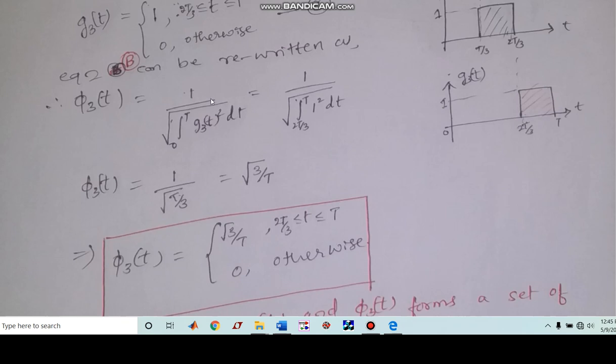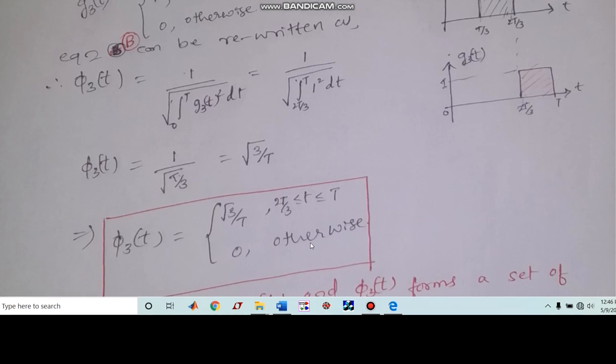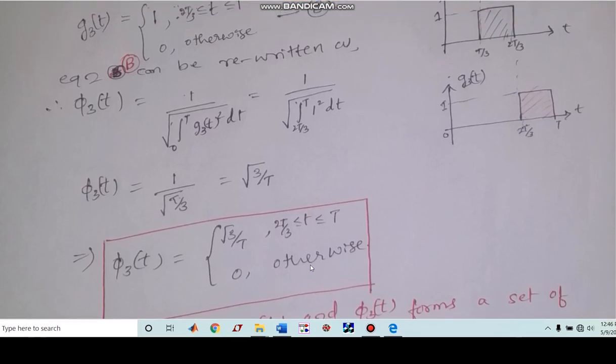If we substitute this in equation B, integrating over the period 2t by 3 to t dt, we are going to get 1 divided by square root of t by 3, which is square root of 3 by t. So we can put it this way. In this interval, we get phi 3 of t, and otherwise phi 3 will be 0. This is the third orthonormal basis function.